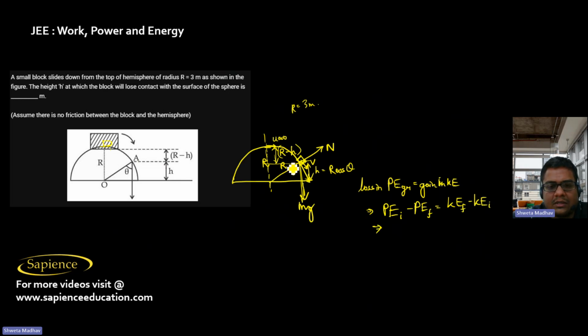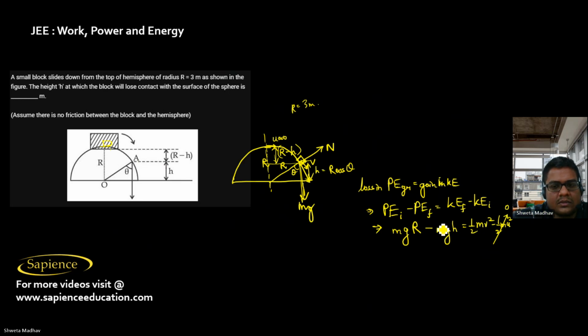Now initial potential energy, that is mgr, minus final potential energy, which is mgh, and that is equal to final kinetic energy, which is half mv square, and initial kinetic energy, which is half mu square, but u is 0, so this will be 0 only.